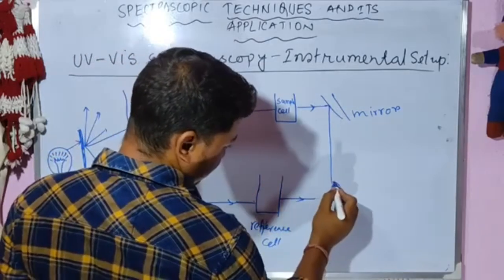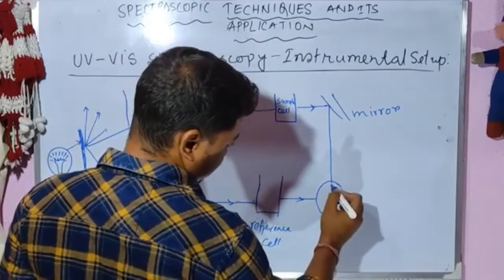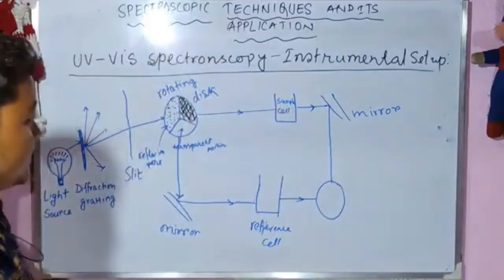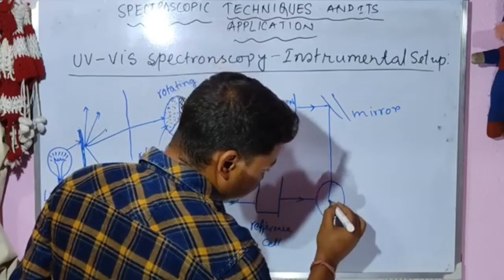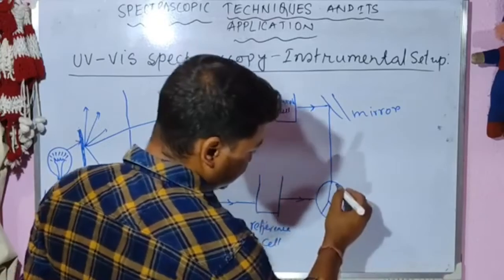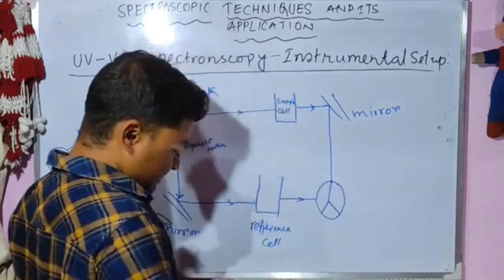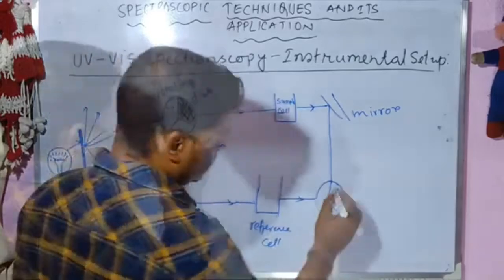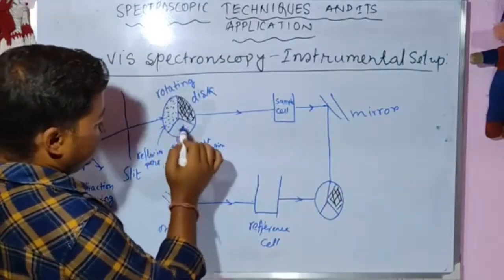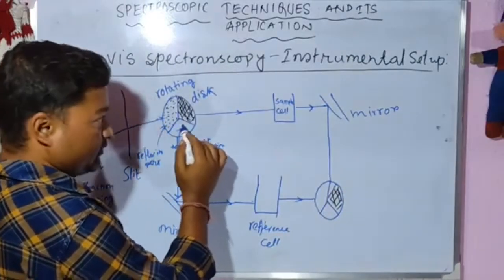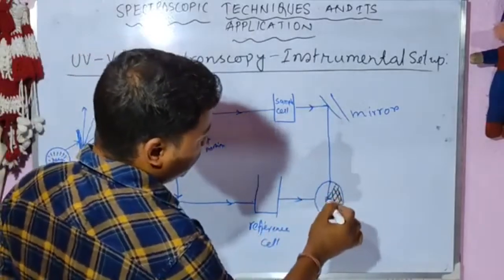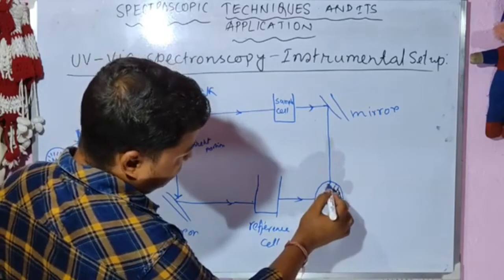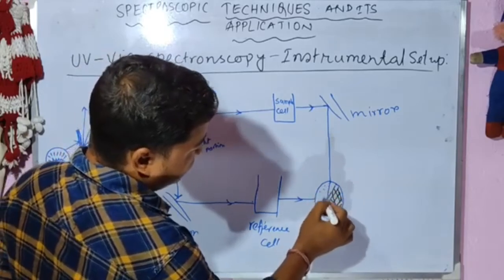And there is also a rotating disc. These discs are arranged in such a way that the light passes through the transparent portion here, then reflects and falls on the reflection portion.